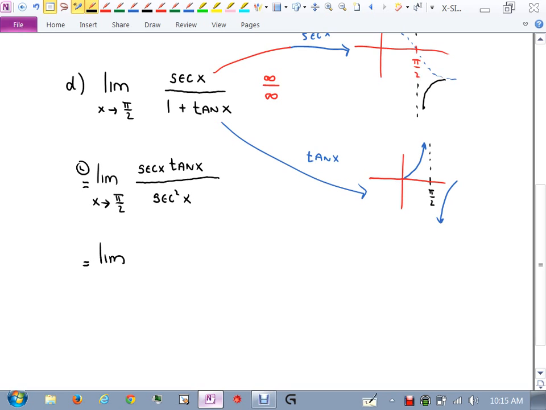No L'Hopital. You get tangent x over secant x. What does that give you? Same thing, right? Infinity over infinity again. So, shall we try L'Hopital again?